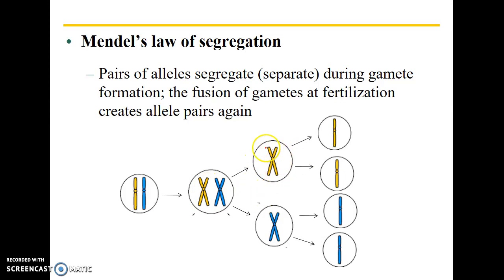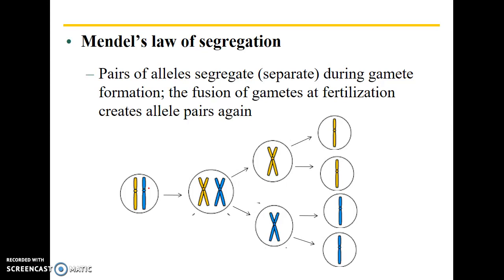And then this is showing the result after meiosis 1. We have the separation of homologous chromosomes. And then this is showing the result after meiosis 2, the separation of the sister chromatids. So as with this original pair here, we would have, say, an allele here, and then a corresponding allele here for a single trait.